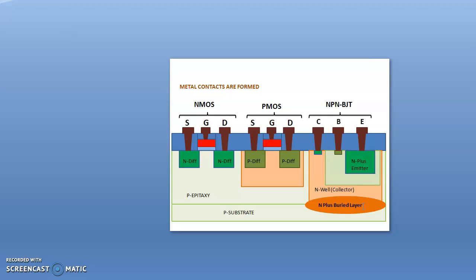If we use this buried layer, we don't have the latch-up problem because it acts as a guard ring, and it also reduces the collector resistance of the BJT. So the buried layer serves two purposes: preventing the latch-up problem in CMOS and reducing the collector resistance in the BJT. So this is the fabrication process of the BiCMOS.